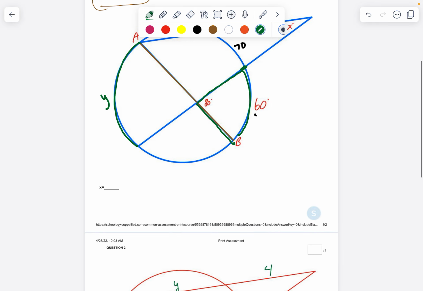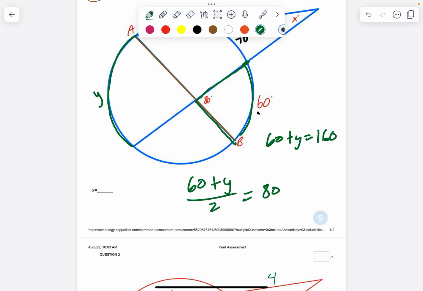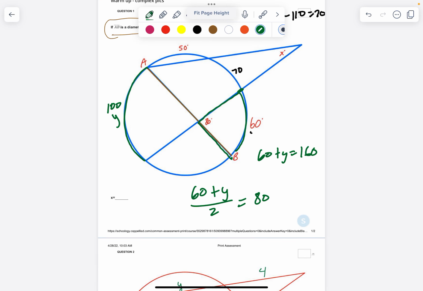So what are the rules for an interior angle? It's the arc in front of you plus the arc behind you divided by 2 equals the interior angle. So we know that 60 plus Y has to be 160, which means this has to be 100. So that arc has to be 100 degrees. We used our interior angle property.